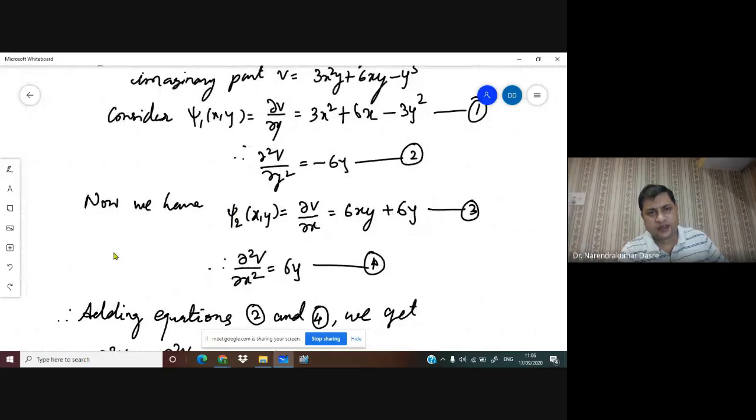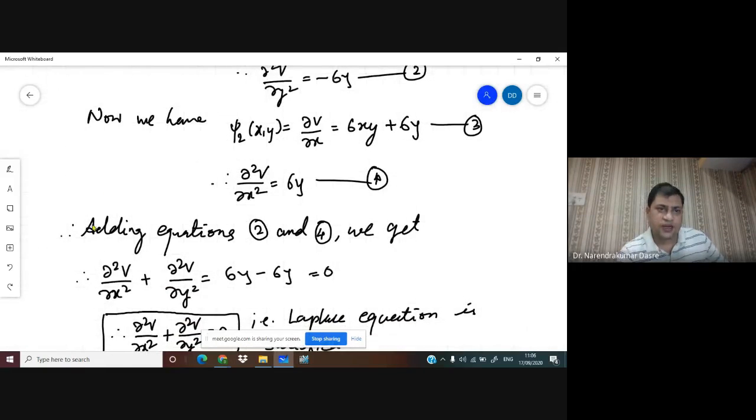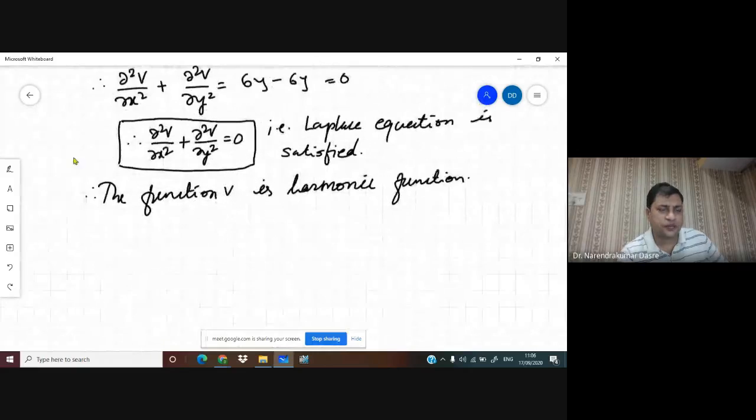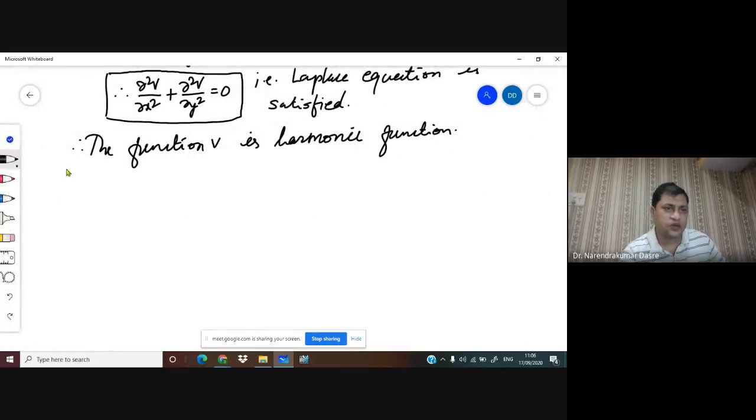So we have calculated the first order derivatives, and now the third step of the Milne-Thompson method. In the third step, we put x equal to z and y equal to 0.